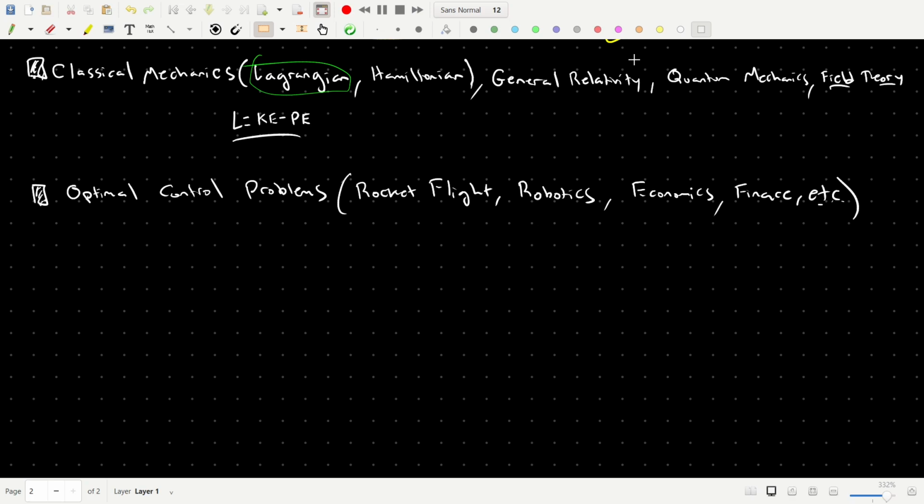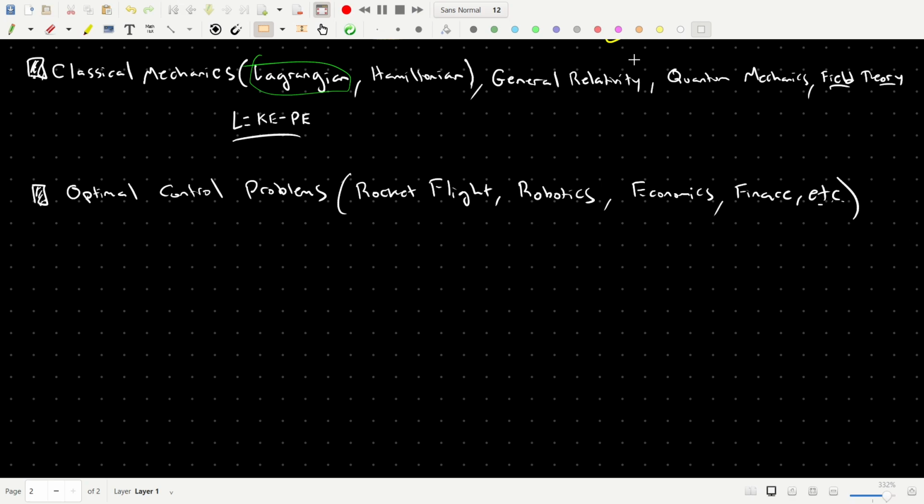For instance, let's say you want to figure out the best way to fly a rocket to get from point A to point B in minimal time, and what the optimal input functions are for the rocket flight. And maybe you have some sort of constraint as well, like the maximum amount of fuel that you can use is a certain value.